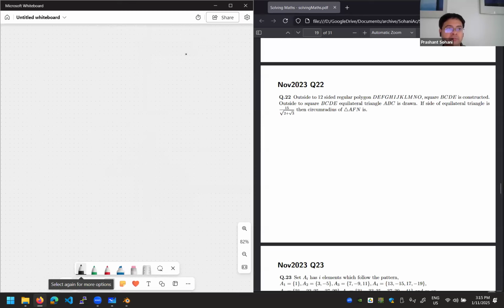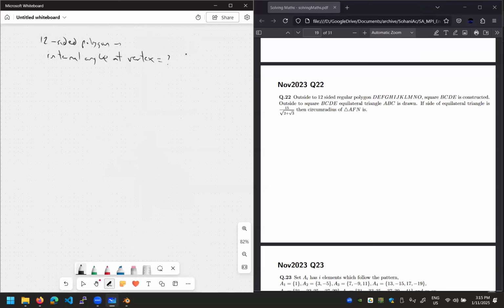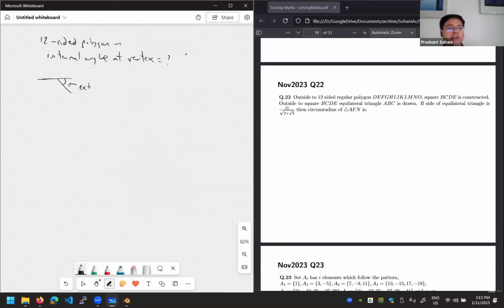But by the way, it is a 12-sided polygon. So firstly, how do I find the internal angle at each vertex? N minus 2 into 180 upon N, yes, correct. In case anybody doesn't know the formula, the idea is this: the sum of all the external angles has to be 360.